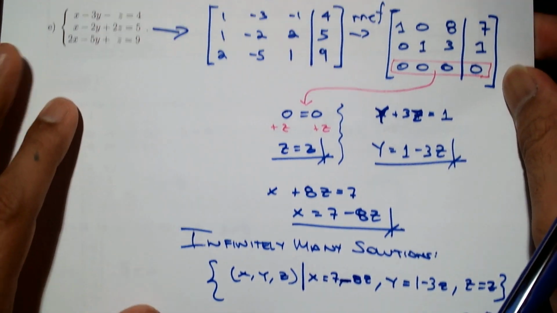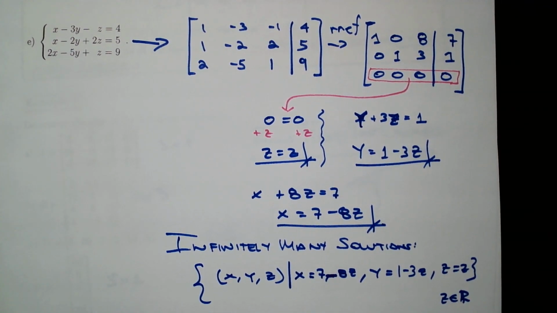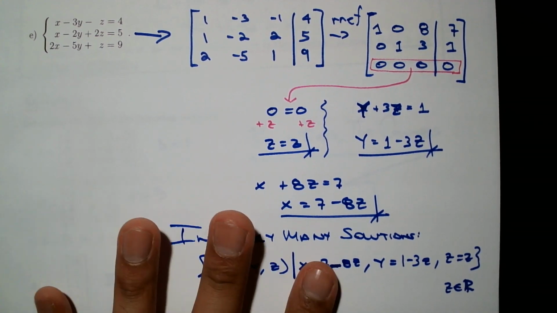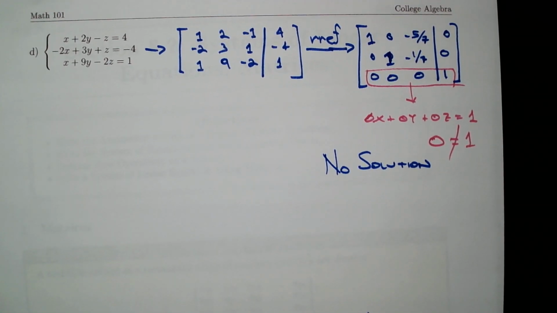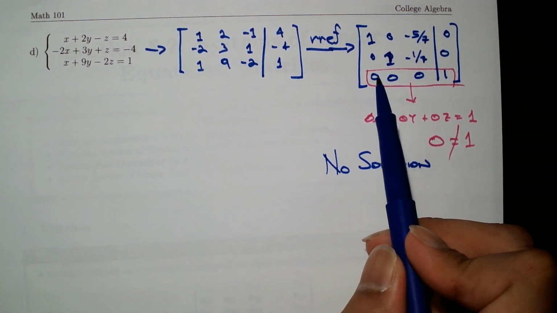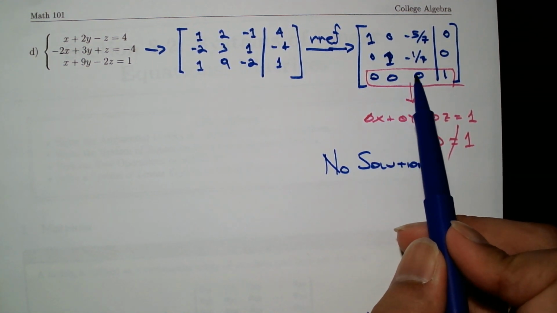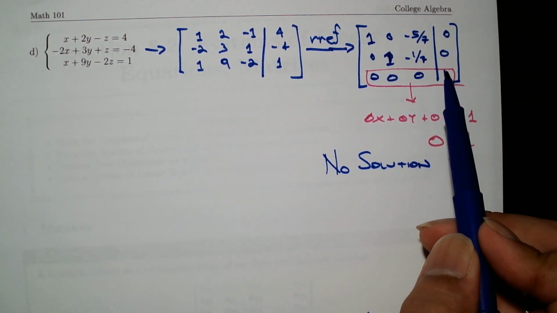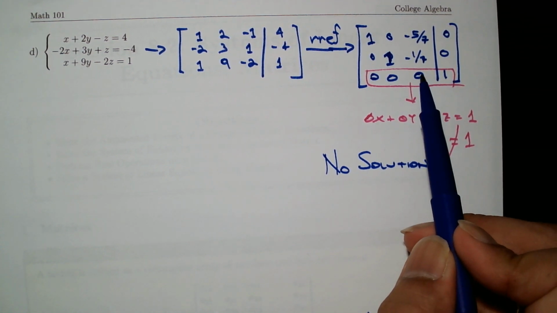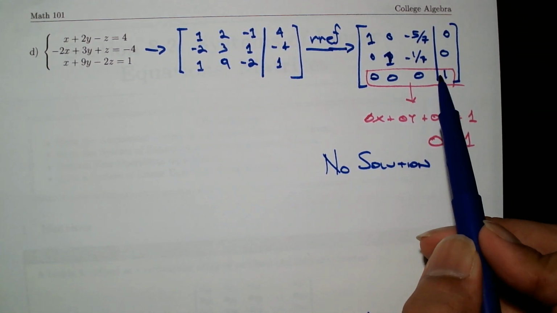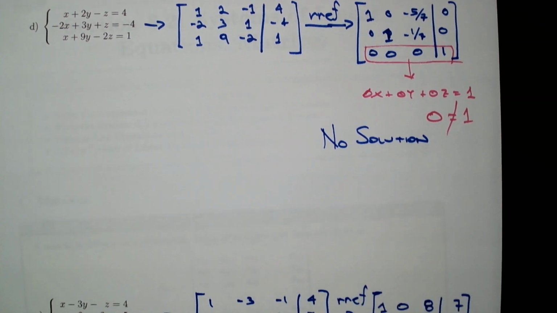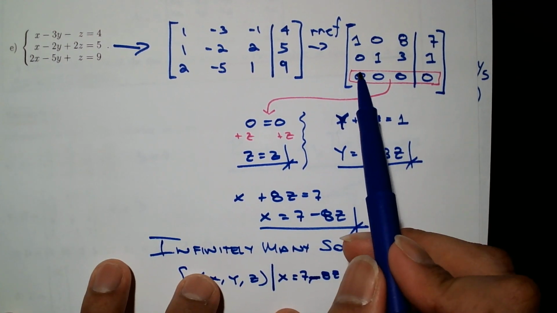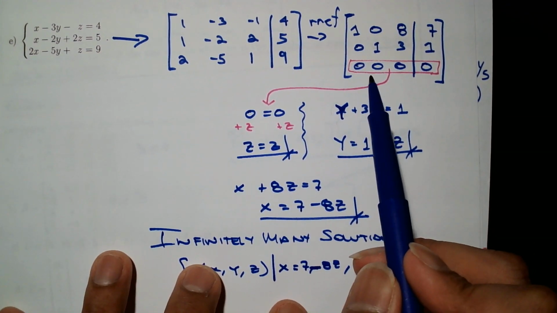So this is one case of every single type of example for solving equations using the graphing calculator. We have the no solution case as well. How to identify? Well, when you have one row with all zeros on the coefficient side of the matrix, and a number in the independent term column, that goes into 0 equals a number. Well, that's a contradiction. That's no solution. But when you have a row of all zeros, you need to be very careful about those.